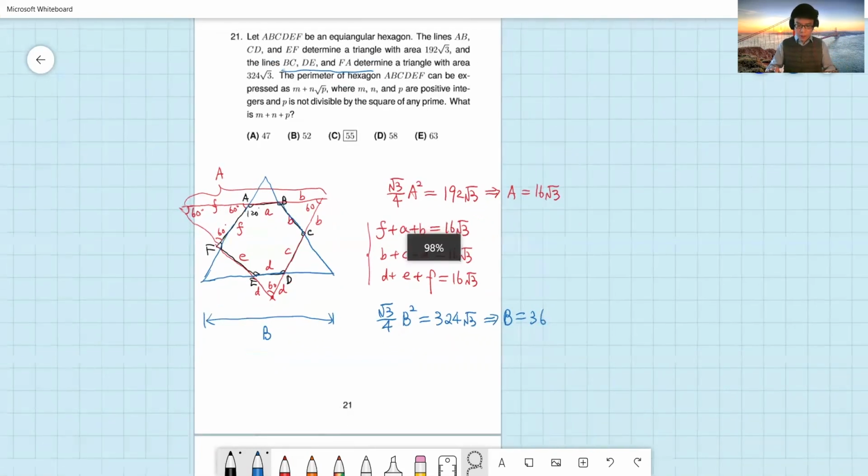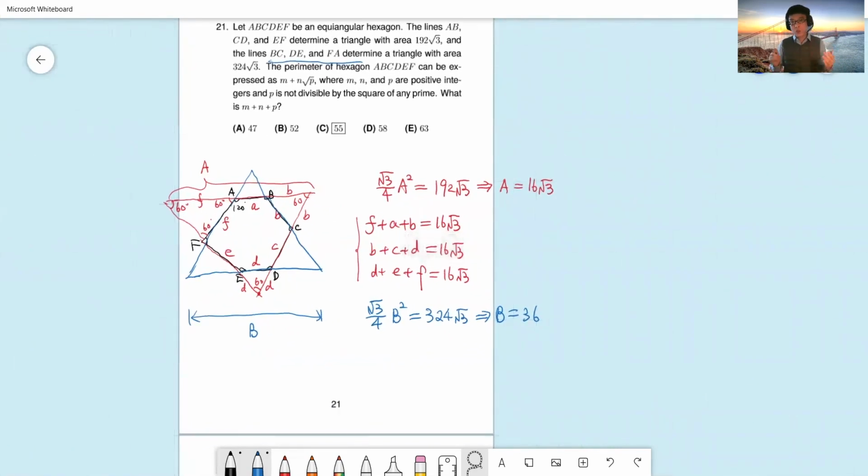Again, we can write the side length in 3 different ways here. First, on the right, A plus B plus C equals 36. And then on the bottom, we have C plus D plus E equals 36.